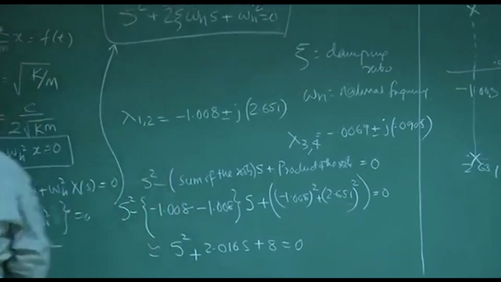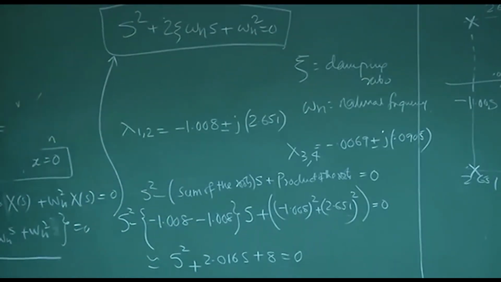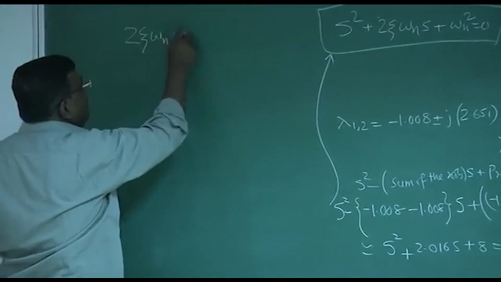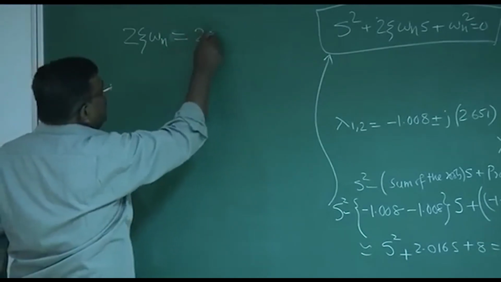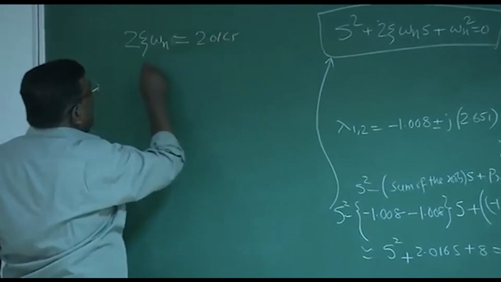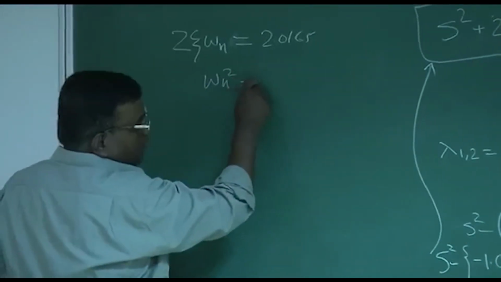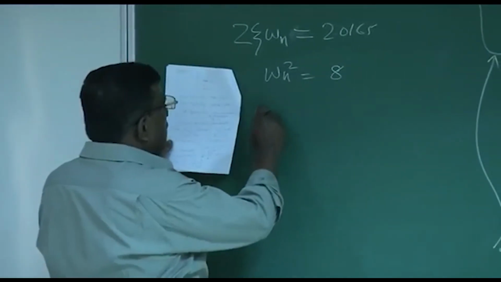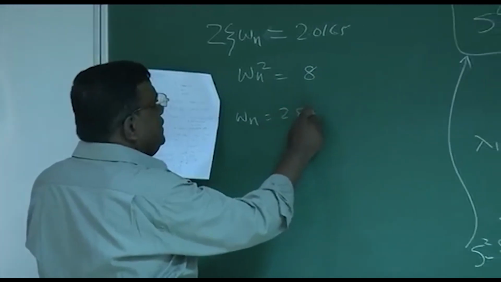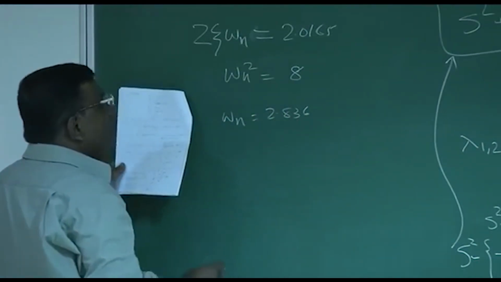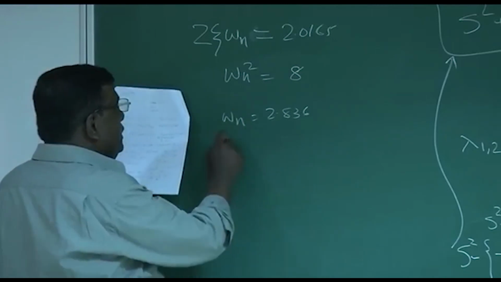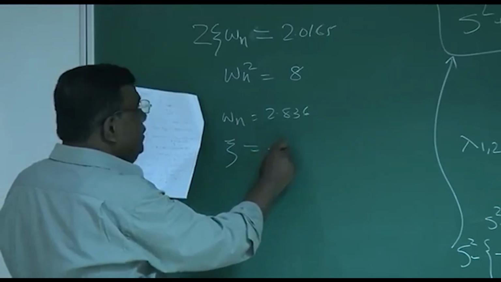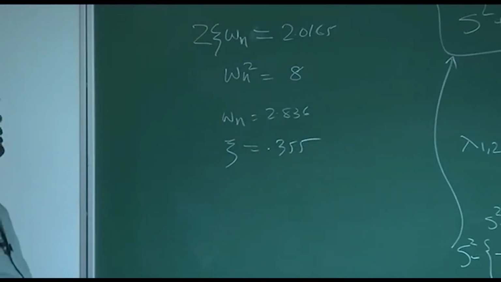So I can write immediately 2 zeta omega n, S will not be there, equal to 2.016, and omega n square will be equal to 8. So omega n square equal to 8 means roughly omega n will be equal to 2.836 radians per second. And zeta I can find out using this equation as 0.355.